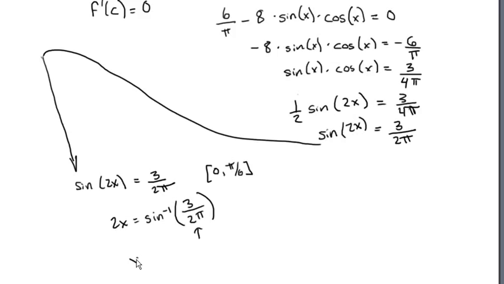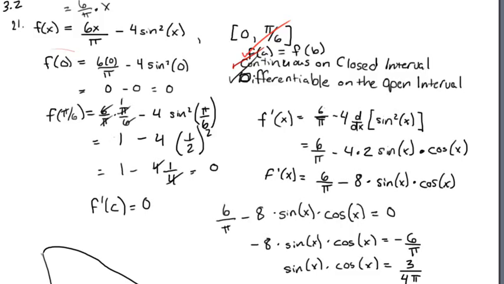So x equals 1/2 of the inverse sine of this thing, which is approximately, take half of that, 0.2488. Okay, let's make sure that we have the right thing by going to our graphing calculator.